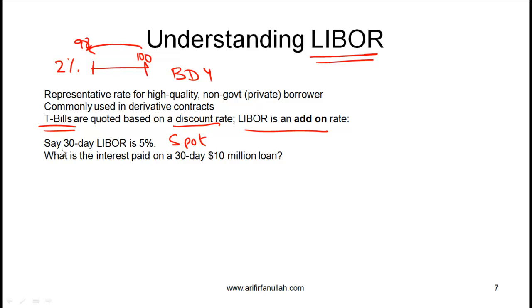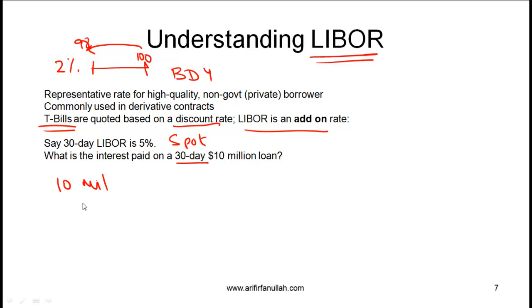So let's say that 30-day LIBOR is 5%. What is the interest paid on a 30-day $10 million loan? Essentially, let's say you are borrowing $10 million for 30 days and you are paying the 30-day LIBOR rate.